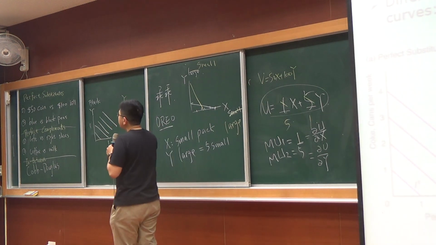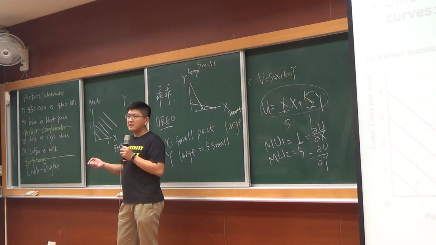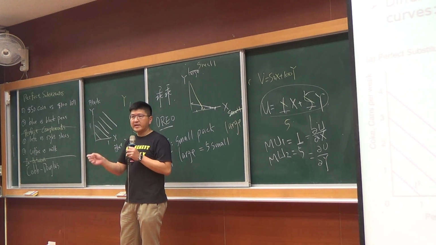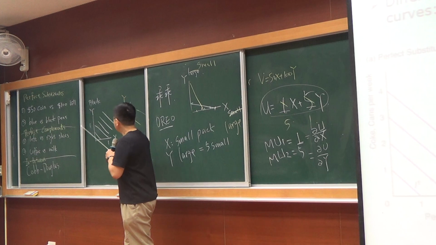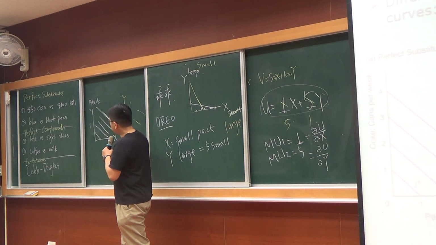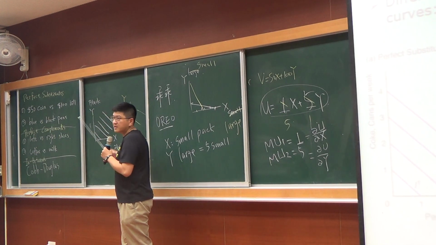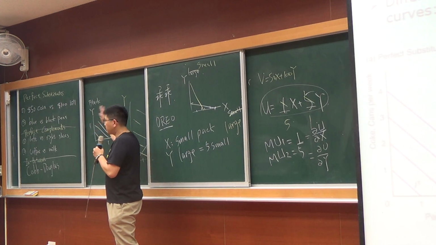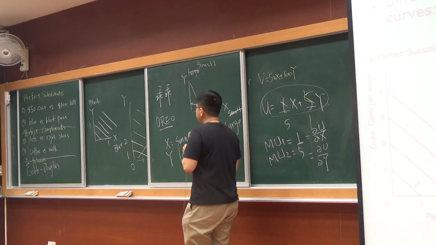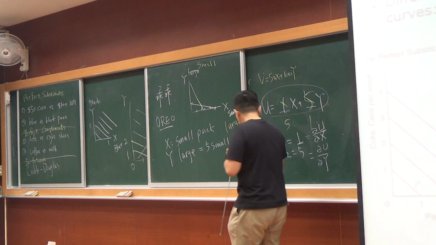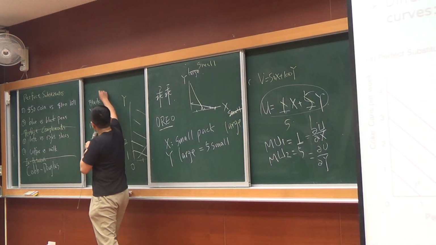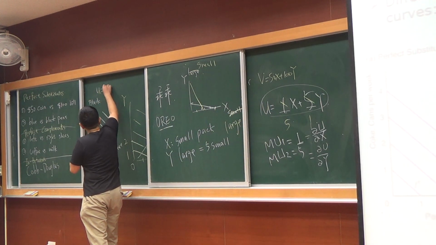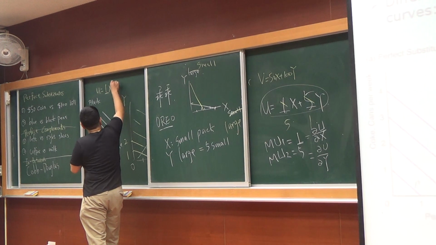I care the function of the pen. I can use the pen to write. Okay? So the indifference curve is straight line, but the slope would be -1. And the utility, in this case, utility would be 1x plus 1y.